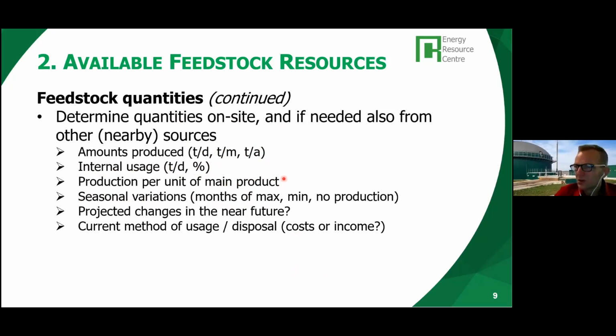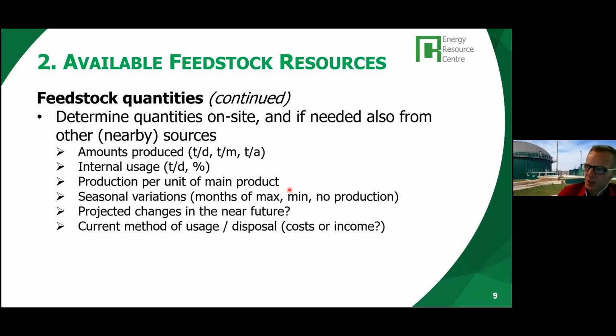Get an overview of the amount of byproducts or waste that is produced per unit of factory output. So, for example, for the rice mill, we saw that between 20 and 25% of the paddy processed in the factory ends up as rice husk.